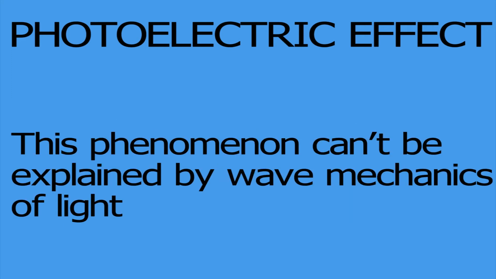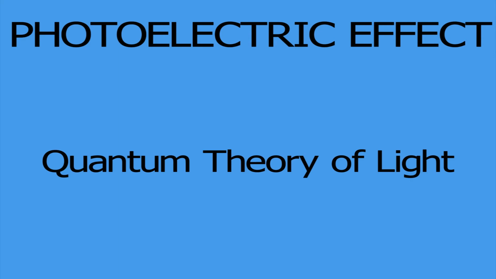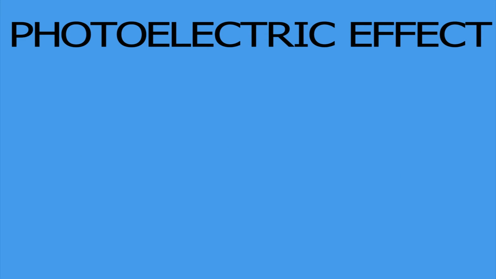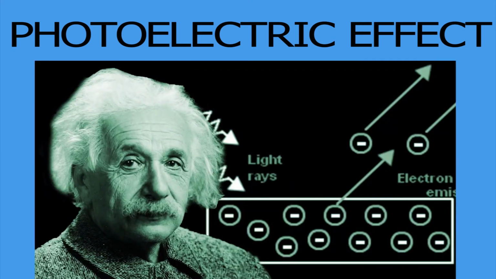Wave mechanics of light explains concepts like interference, diffraction, polarization, etc. But phenomena like the photoelectric effect, Compton effect, etc. require the quantum theory of light, which assumes that light energy is distributed in packets, at discrete intervals. You cannot expect 1.5 or 2.5 packets, but discrete amounts like 1, 2, 3, and so on. This is how Einstein was able to explain the photoelectric effect and predict the results that he measured.